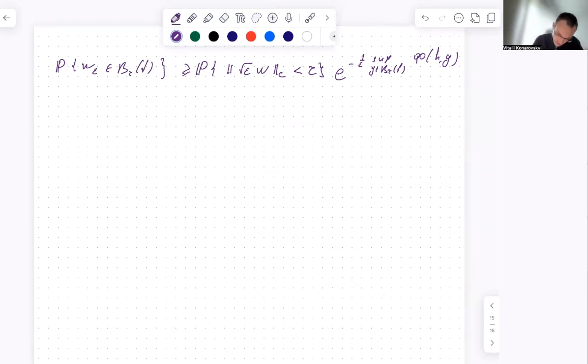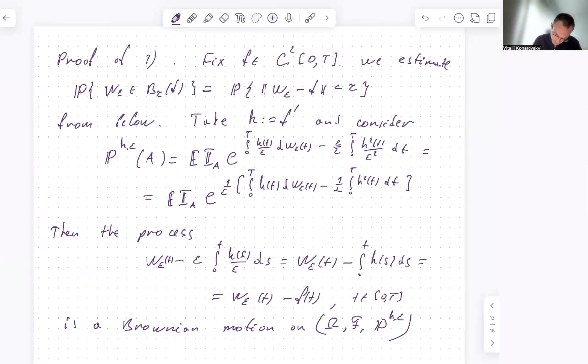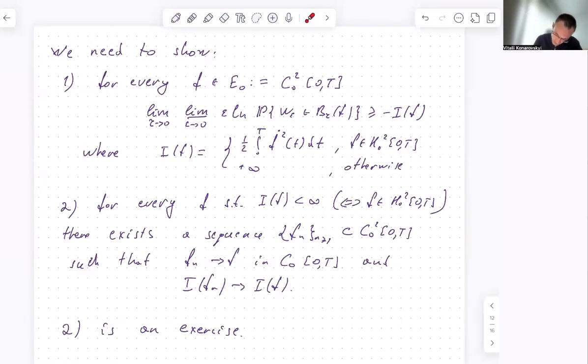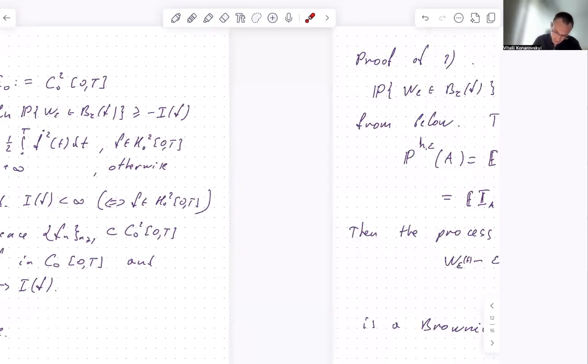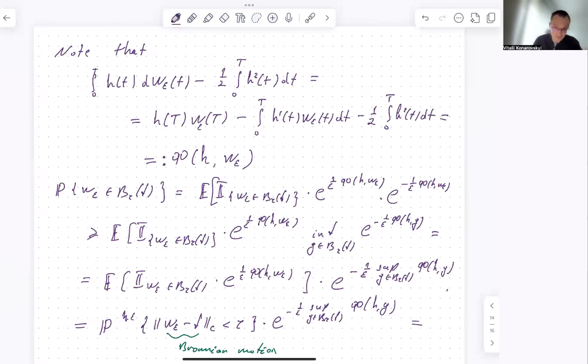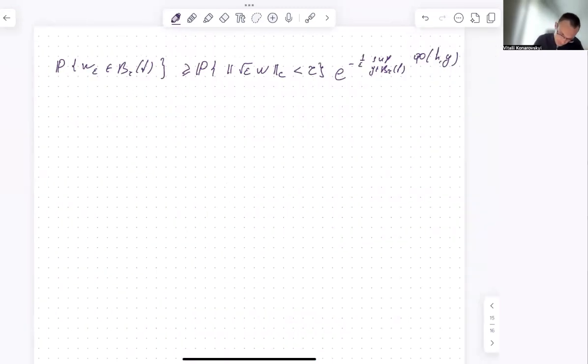Now we want to consider that expression, and then we want to consider the limit when epsilon goes to 0 and then r goes to 0. Let me write that.